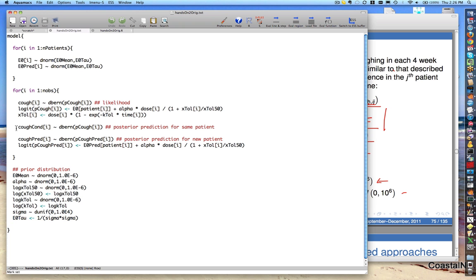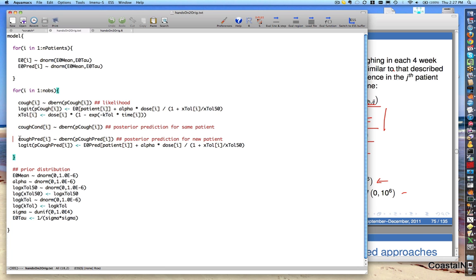So right here is what we could call our individual predictions. In other words, posterior predictions for new observations in the same patient. In that case, it's just a repeat of the original likelihood statement up here, but I give it a new name so that the thing on the left-hand side is no longer a data item. It now becomes a predicted value.